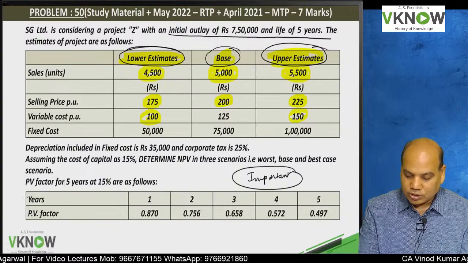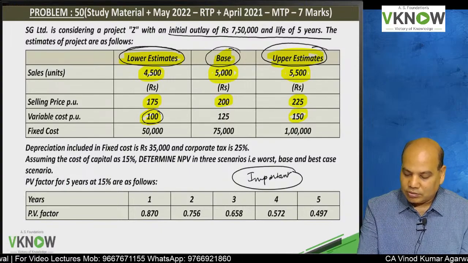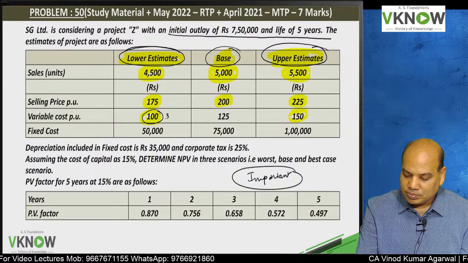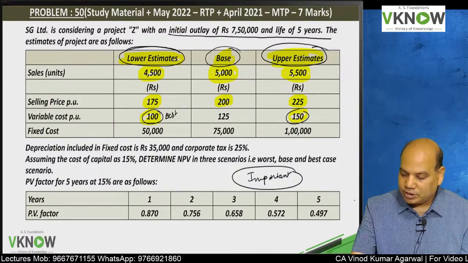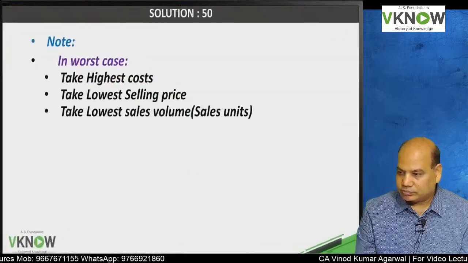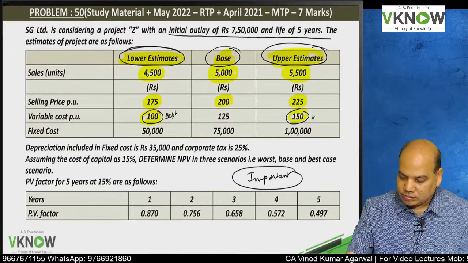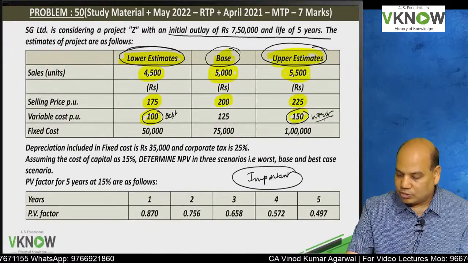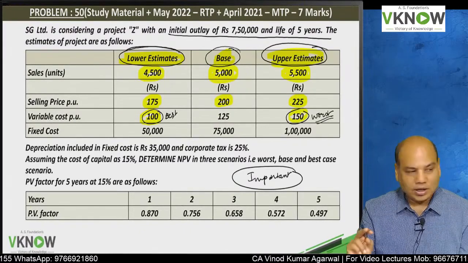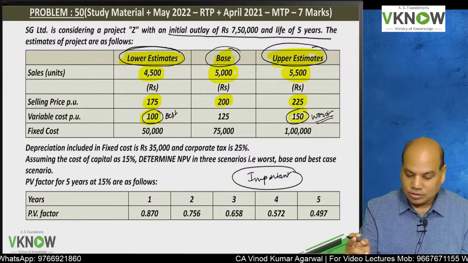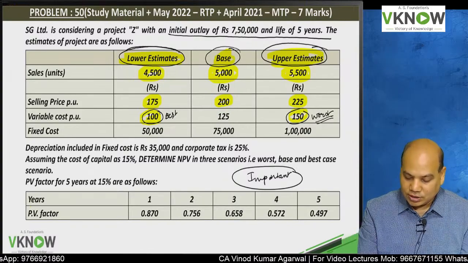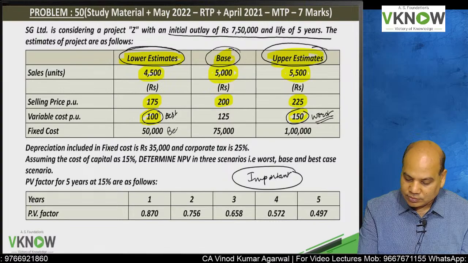In case of cost, 100 represents best scenario, lowest, and 150 represents worst scenario, because in terms of cost, higher cost is not good, lower cost is good, and same thing for fixed cost.